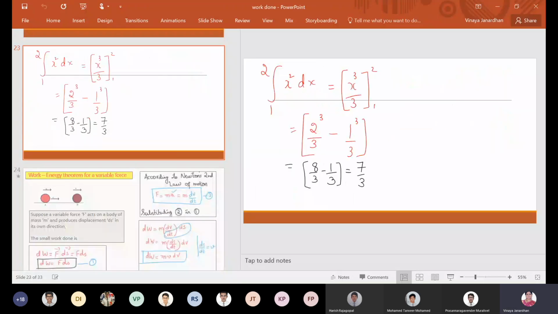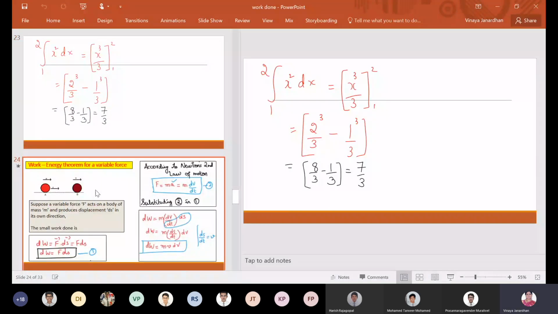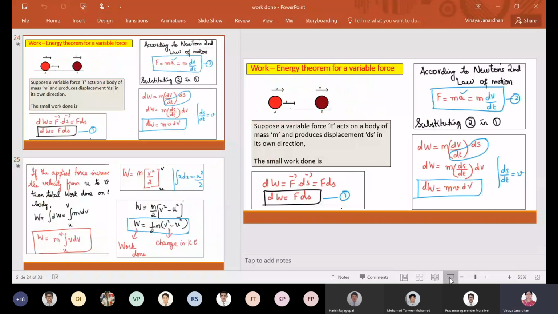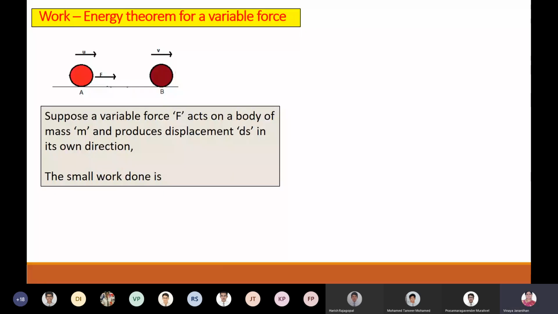Next, we'll go for the work energy theorem for a variable force. In the previous case, we have done the work energy theorem for a constant force. What does the work energy theorem state? The change in the kinetic energy of a body is equal to the work done.